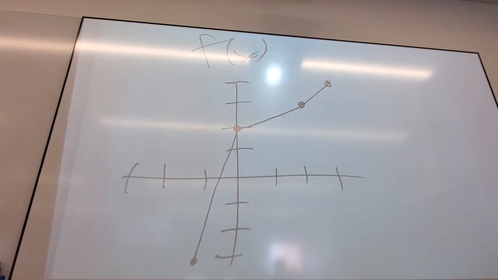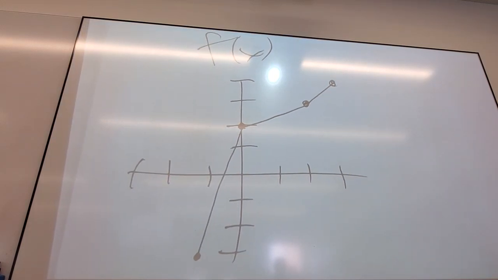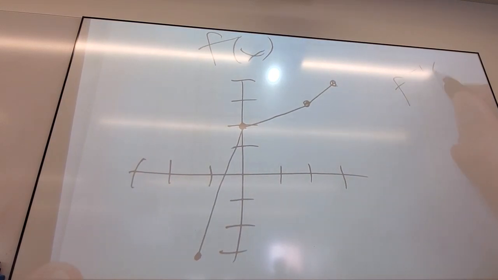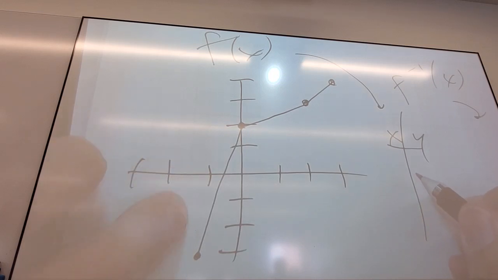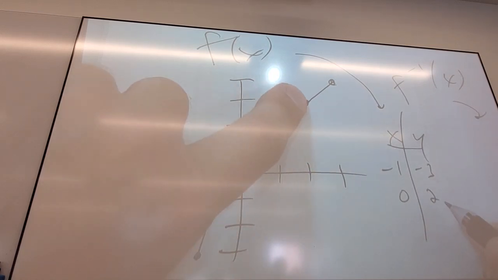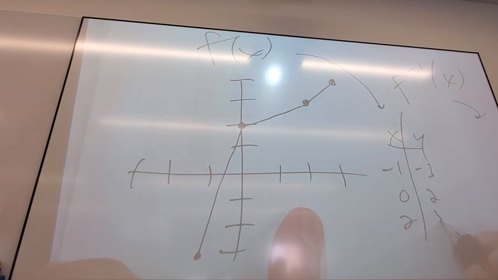Okay, yes, okay. If I want to graph f inverse, what I do is I first make a table of values for f. So that would be, let's see, (-1, -3), (0, 2), (2, 3), and (3, 4), it looks like, with my horrible drawing.